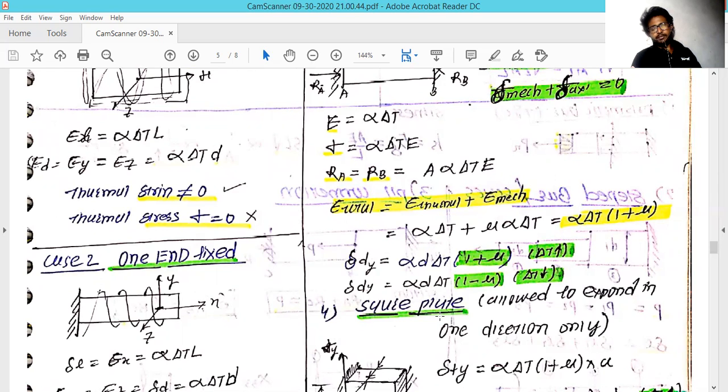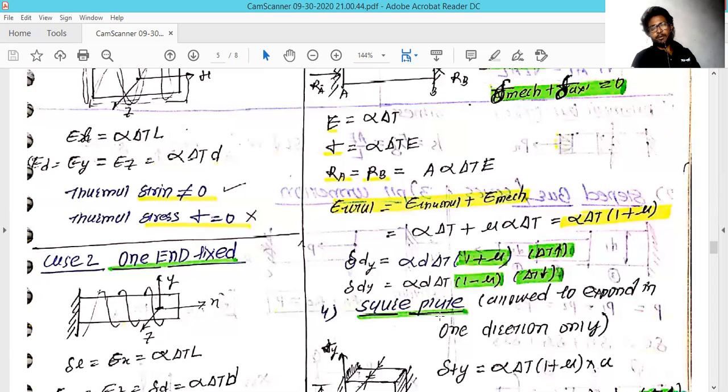If it is in the cold condition, if the temperature is going to decrease, then we have to take a negative value, because the diameter is going to be reduced. The value of mu will be positive, but the strain is going to be negative.